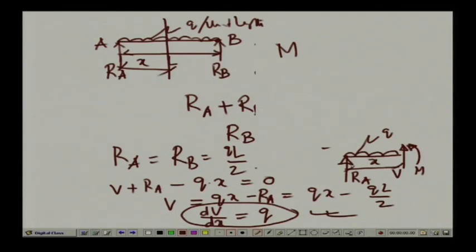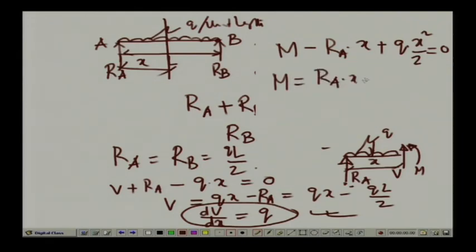The moment contribution of R A, which is in a clockwise direction, is minus R A times x, and the moment contribution of this downward load, also in an anticlockwise direction, which is positive, is q times x square by 2. So, this is equal to 0.